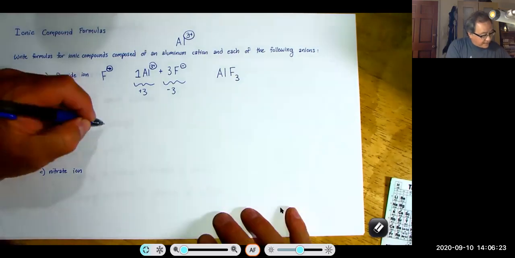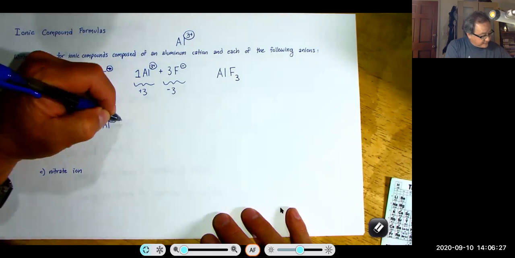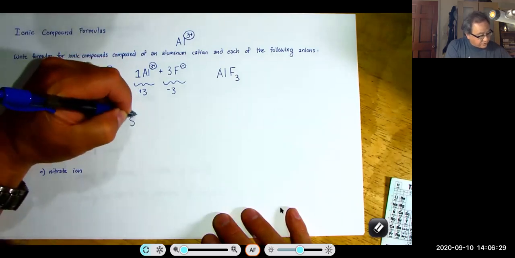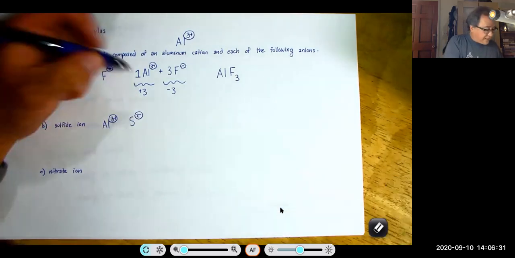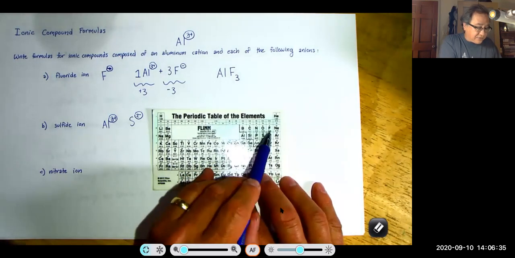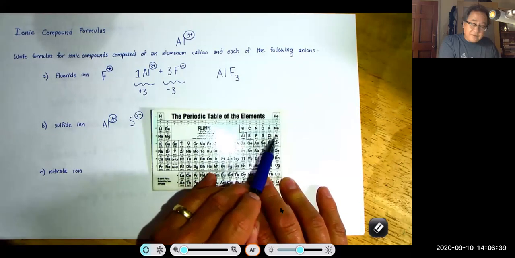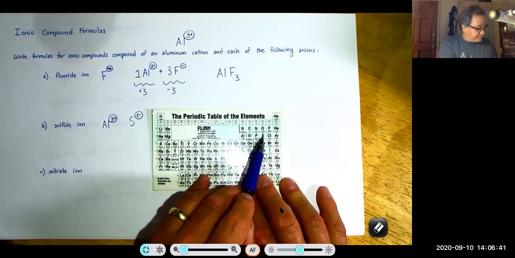So I'm going to write Al3+ and sulfide 2-. How do I know sulfide's a 2-? Well, remember the periodic table, 0, -1, -2, -3, -4. So sulfur is 0, -1, -2. Sulfur is going to be a -2.